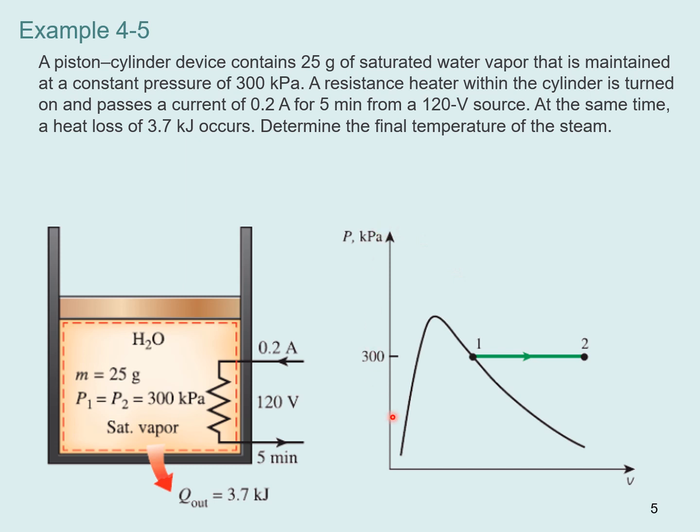This shows a graph of what it looks like. Of course, we don't really know where state 2 is yet, but we'll find that out in the answer. But I want to show you what it looks like here. It does say specifically that it's a saturated water vapor. So that's how we know it's right at state 1. Remember from Chapter 2 that on the PV diagram, this point is the saturated vapor state.